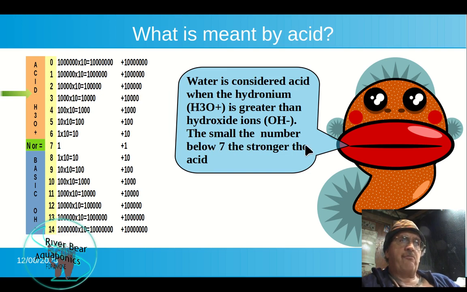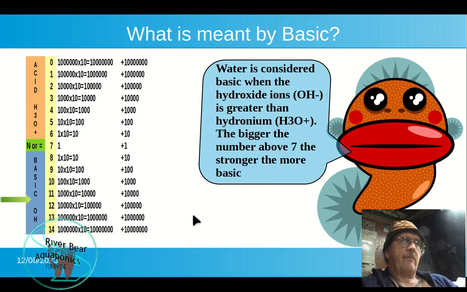The smaller the number, the stronger the acid becomes. So when we're going off in this direction, as these numbers get smaller, the acid is getting stronger. Water is considered basic or a base when the hydroxide ions are greater than the hydronium ions. So as the numbers get bigger in this direction, that base is getting stronger.